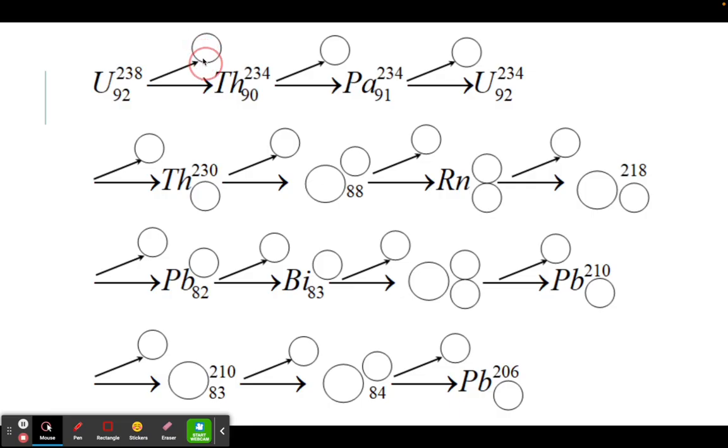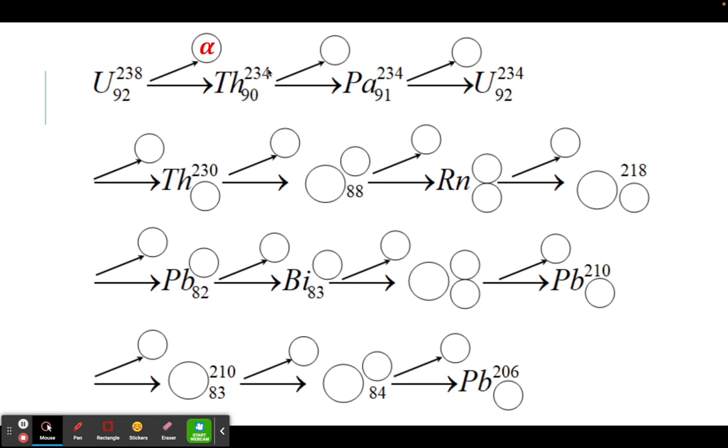So mass number 4, atomic number 2. This means that this is an alpha particle, so this has gone through alpha radiation, alpha decay. Uranium-238 loses an alpha particle and becomes thorium-234.